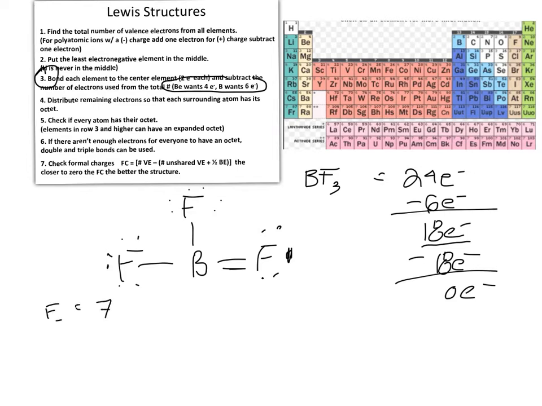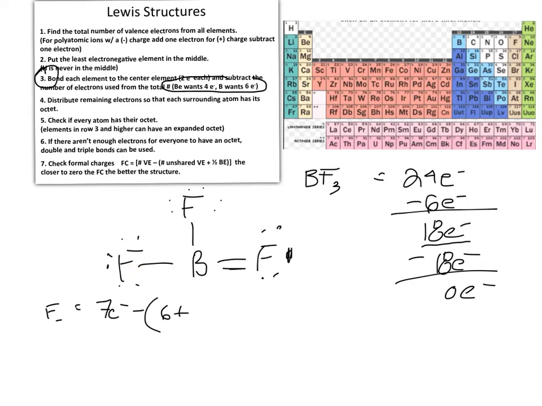Fluorine has 7 valence electrons. We're then going to subtract out the number of unshared electrons. Each one of these fluorines has 2, 4, 6, but since we're looking at individual fluorines, it's not 12, it's only 2, 4, 6, because we're just looking at that specific fluorine. So the 6 goes here, and then half of the bonding electrons.